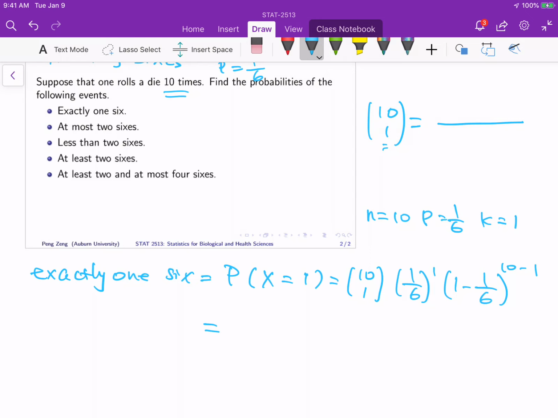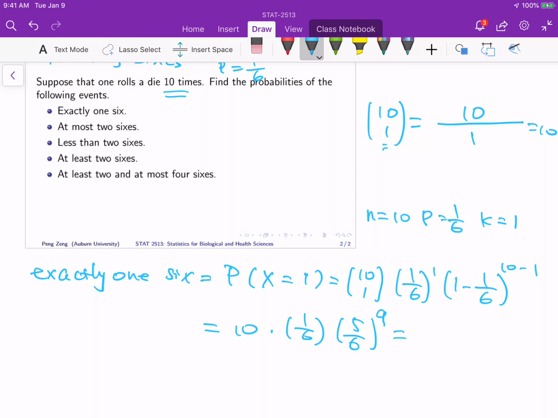The numerator counts down from 10, so it is just 10, and the denominator counts up from 1. So this is 10, and we get 10 times 1/6 to the power of 1, times 1 minus 1/6, which is 5/6, to the power of 9.